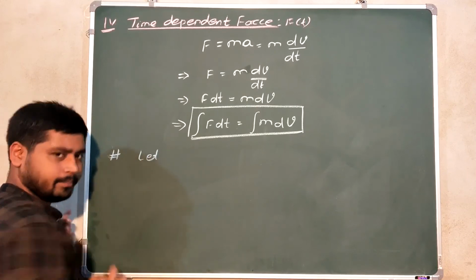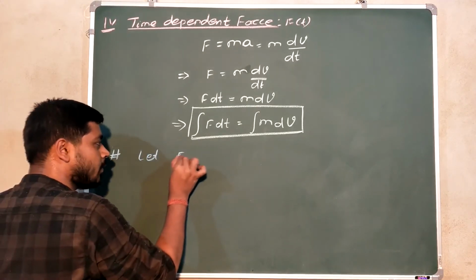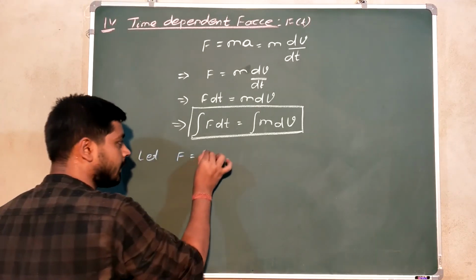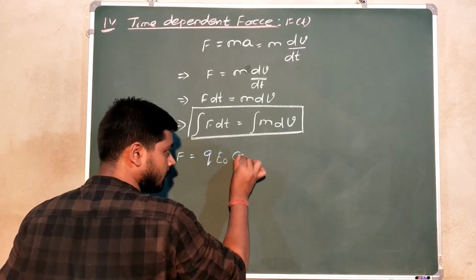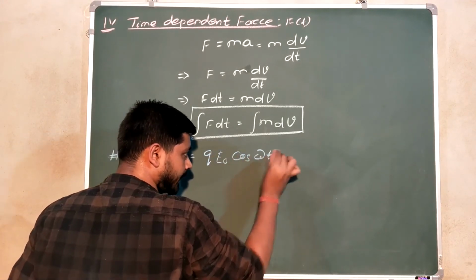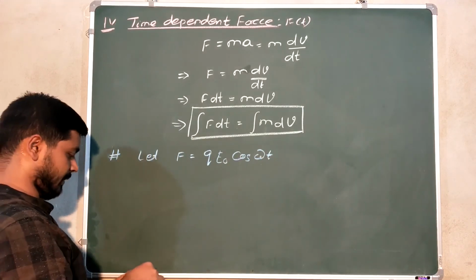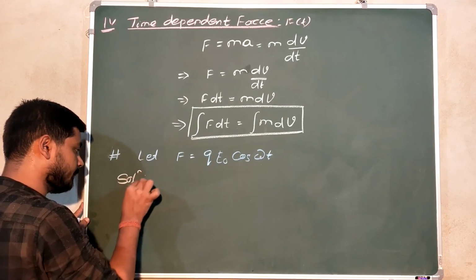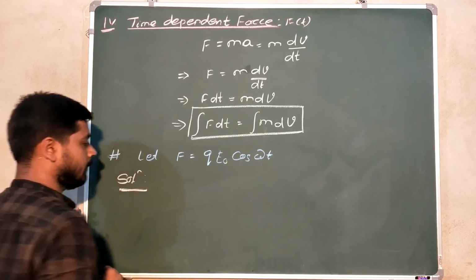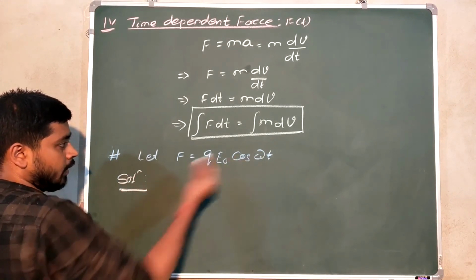Let's take an example. Let F equal to q E naught cos omega t. Okay, then just see the solution. F equal to q E naught cos omega t.